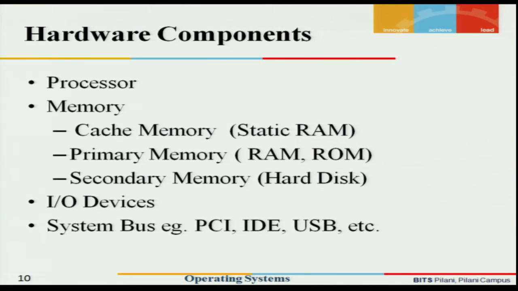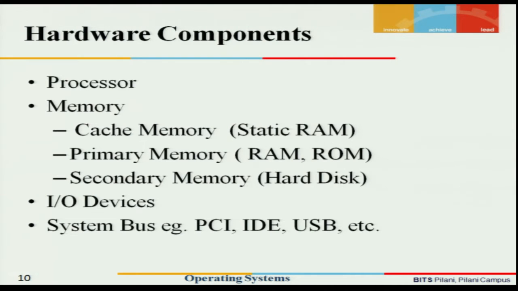So we just try to briefly see what the hardware components are. A very simple definition for hardware would be that it is a piece of metal which, when dropped, would probably make a sound. The various components of hardware which are going to be there in a machine are the processor, also known as a microprocessor.